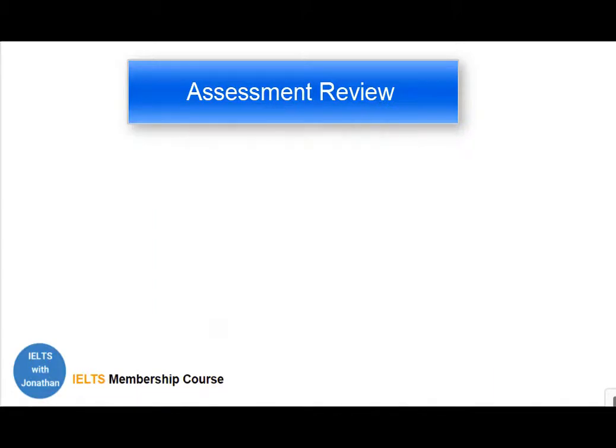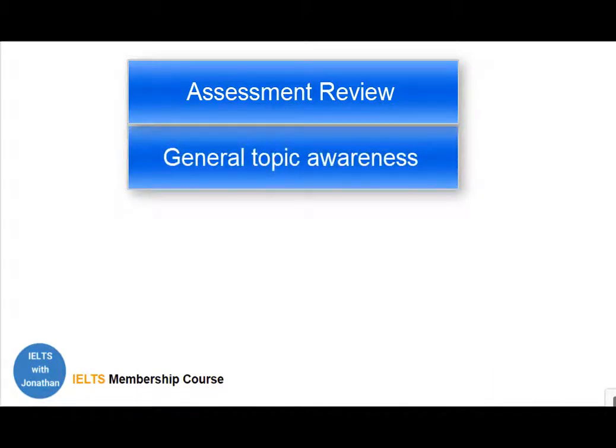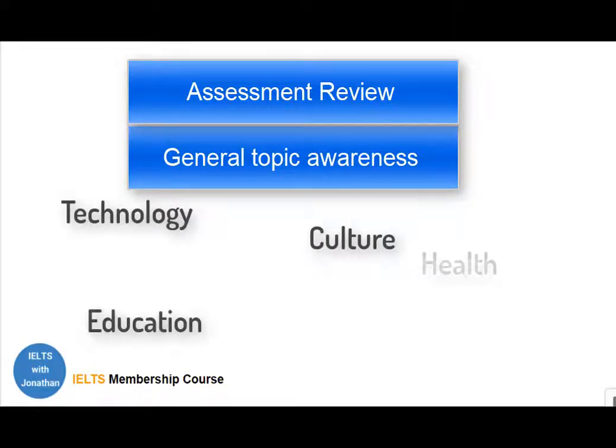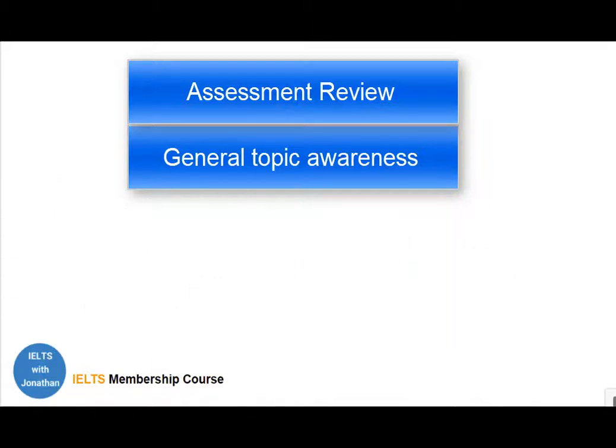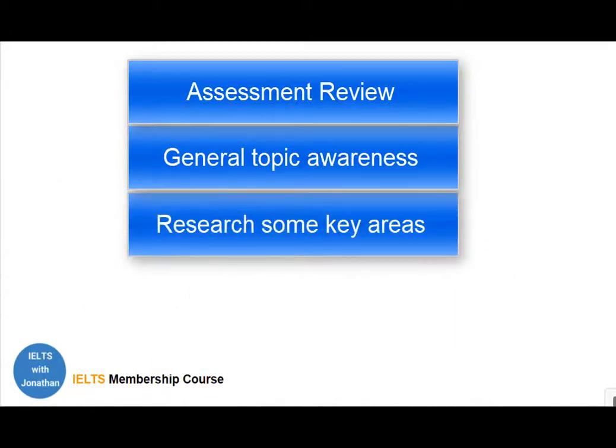If you're not up to date with current topics or current affairs, some typical task topics that you could review include thinking about technology, culture, education, family, transportation, the environment, crime, and work and entertainment. So if you're unfamiliar with these topic areas, it's always a good idea to do some kind of research so you can form your own opinions.